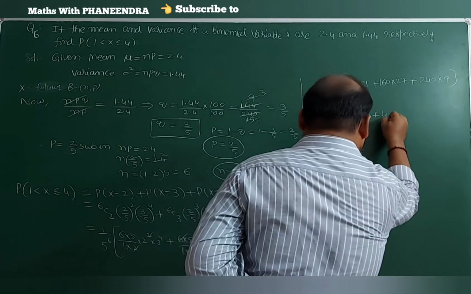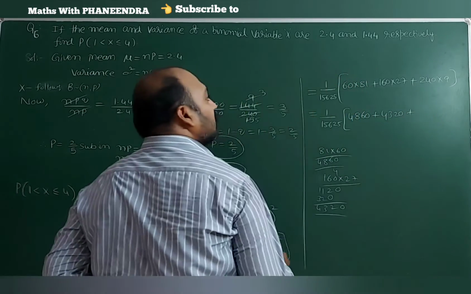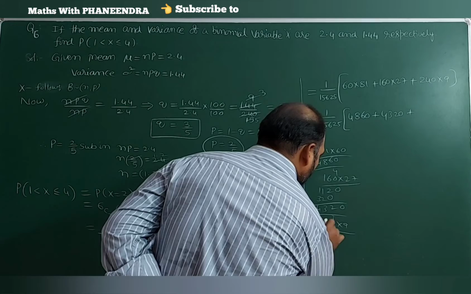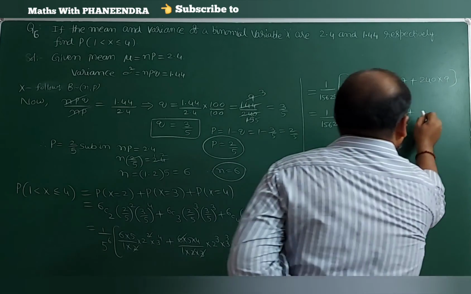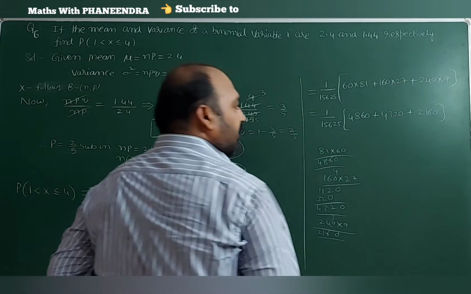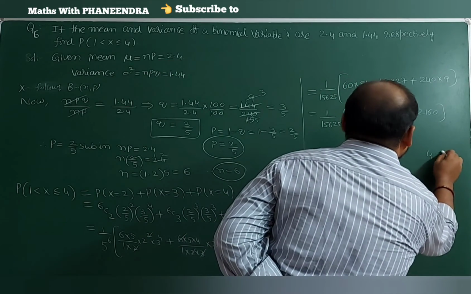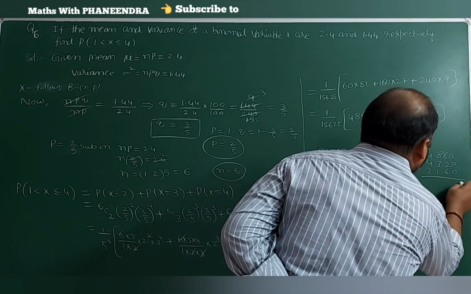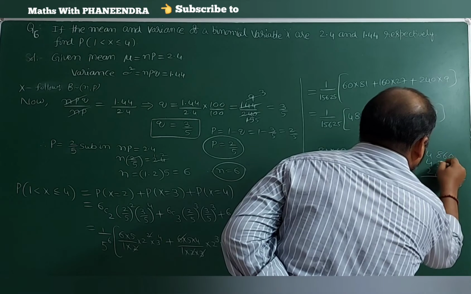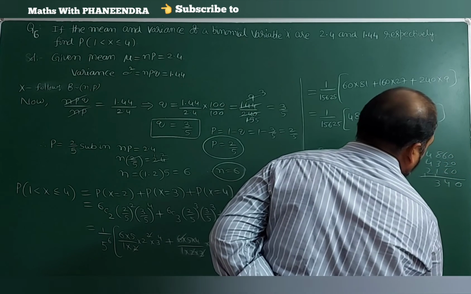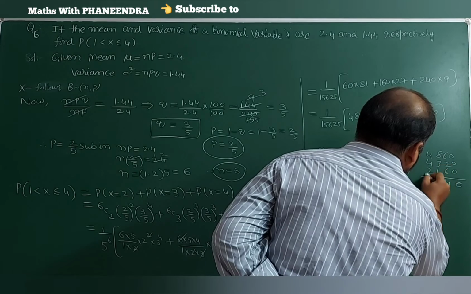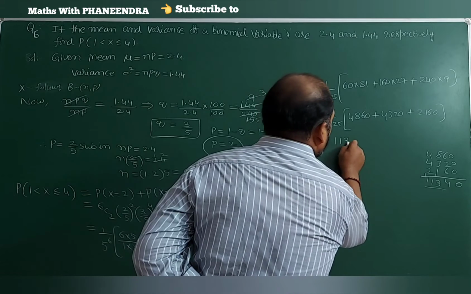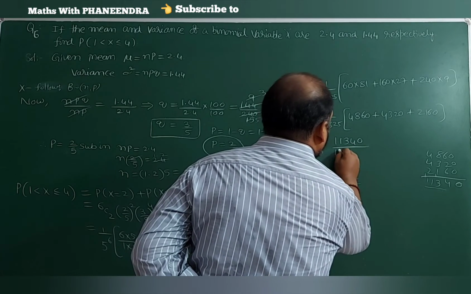So 4320 plus 240 into 9. So 2160. So adding these values 4860, 4320, 2160, total we are getting here 11,340 divided by 15625.